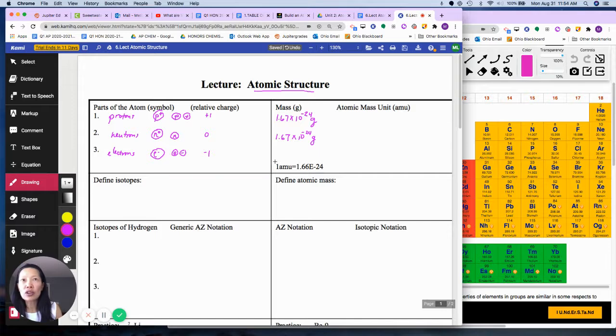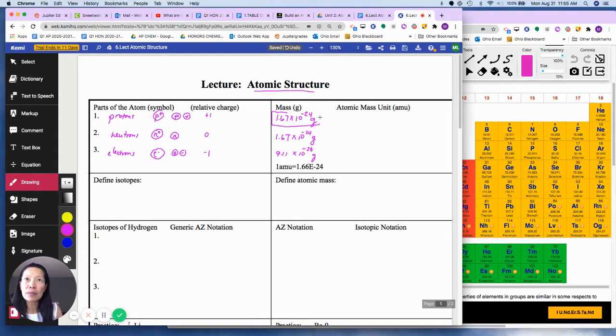And the electron weighs about 10,000 times lighter, so it's about 9.11 times 10 to the negative 28 grams. The way I know it's 10,000 times is because negative 24 and negative 28 is 4 powers of 10, so 10,000 times lighter.